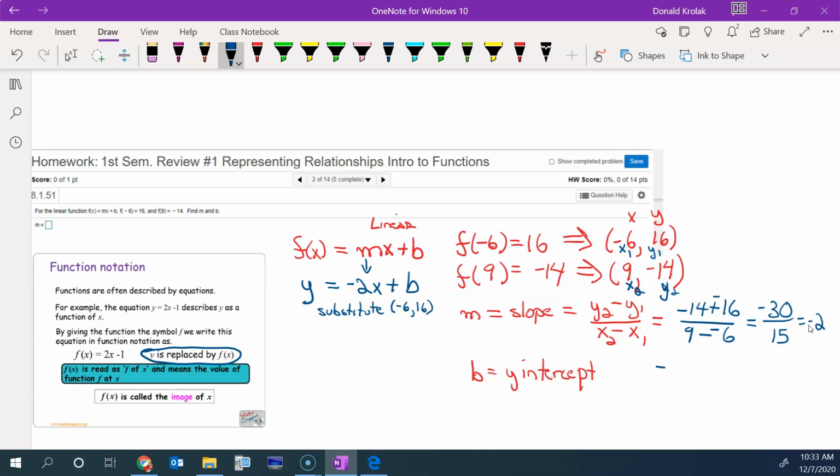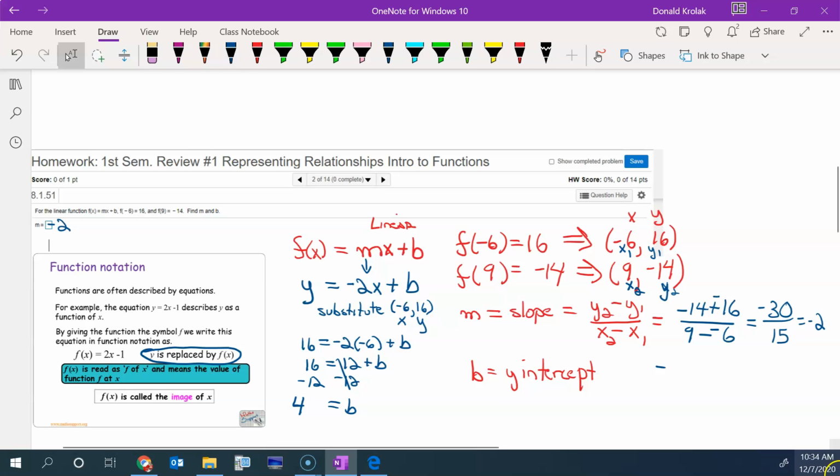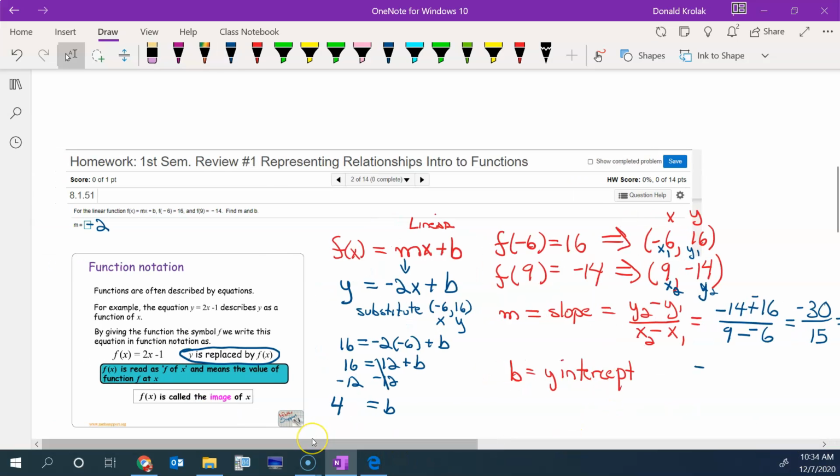So 16 is my y, negative 6 is my x. This would become 16 equals negative 2 times negative 6 plus b. And now I can solve this for b. So my m value was negative 2 and my b value was 4.